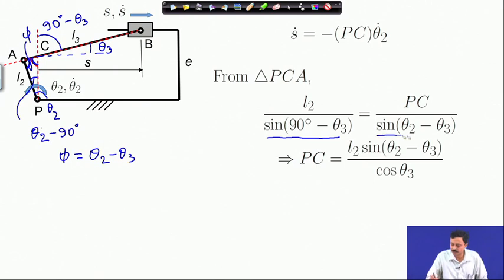So, that is what I have written out. So, from this I can solve for P c as L 2 sin theta 2 minus theta 3 divided by cosine theta 3.